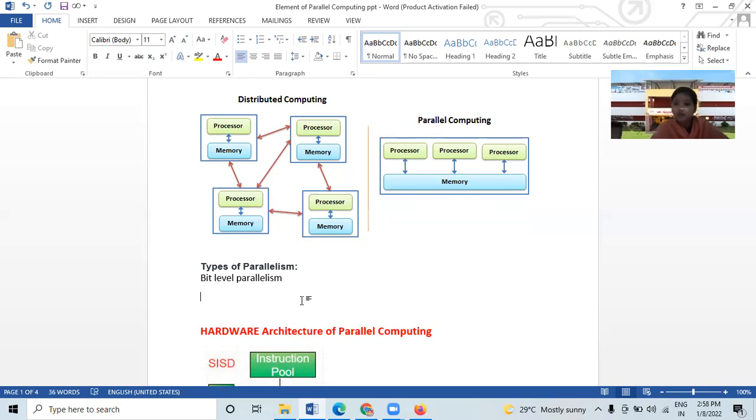It reduces the number of instructions that the system must execute in order to perform a task on large size data. Okay, bit level reduces the number of instructions, and we use this parallel computing to reduce the number of instructions.